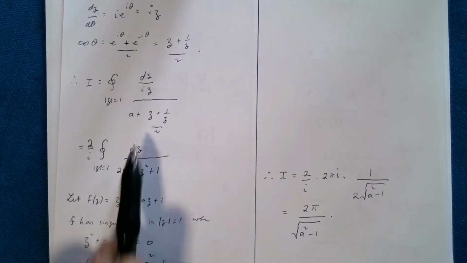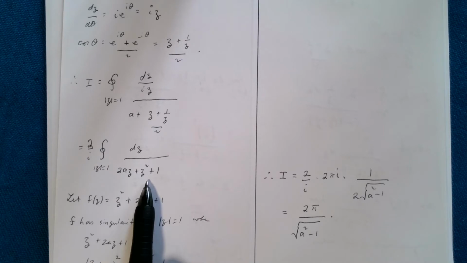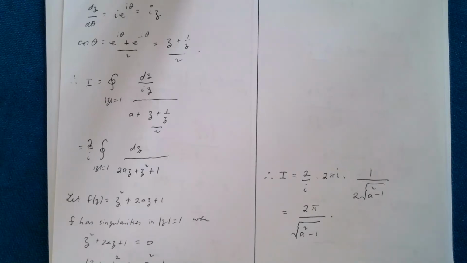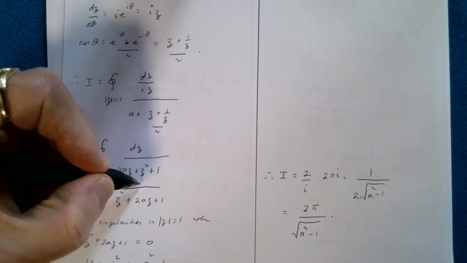There's a 1 over i I may as well take out the front, and when you rearrange you get this quadratic in the bottom. Now the function f of z is 1 over z squared plus 2az plus 1. You can find the singularities of this by looking at 1 over this, which might be better to write.